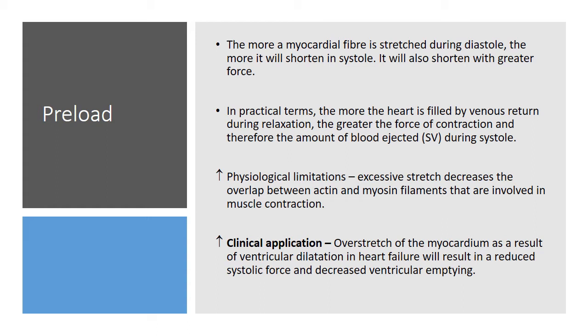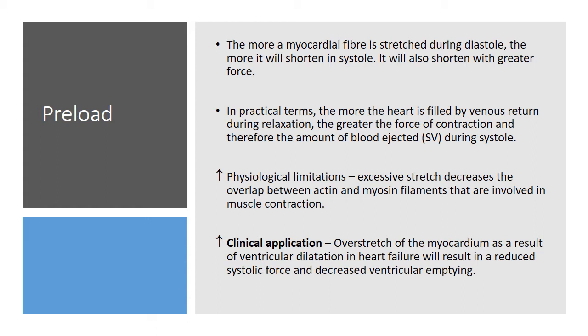So we can understand this a little bit like an elastic band. As we stretch an elastic band and then release it, the greater the stretch, the stronger the force of contraction. The difference between the elastic band analogy and the myocardial fibers, though, is that the myocardial fibers are actively contracting, whereas an elastic band is just passively contracting.